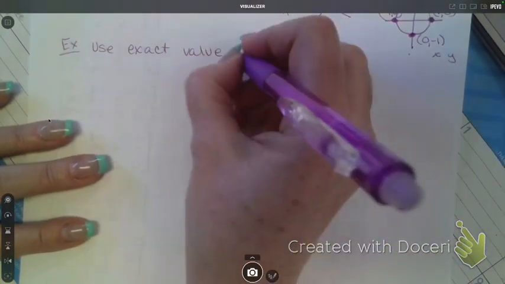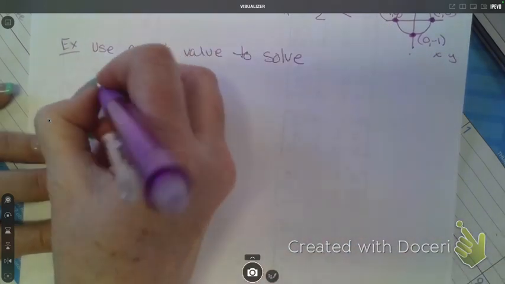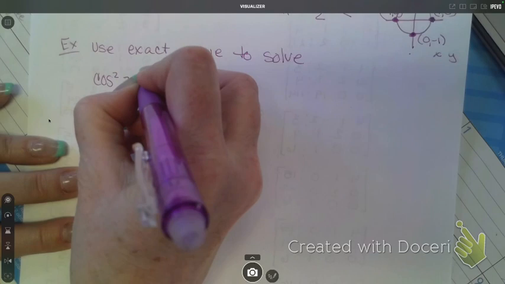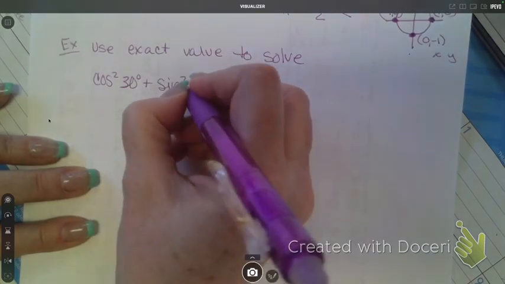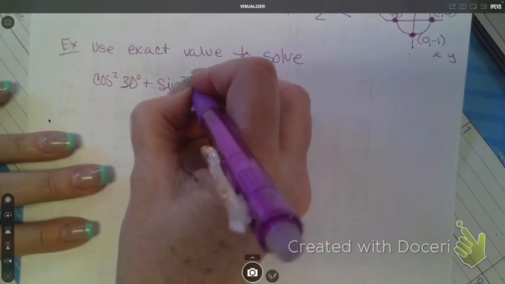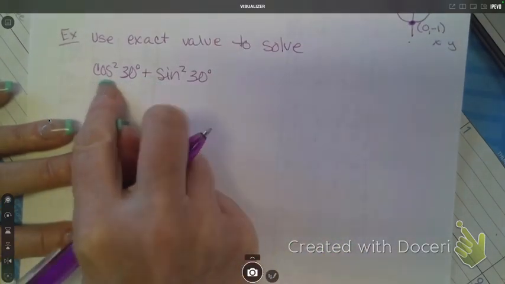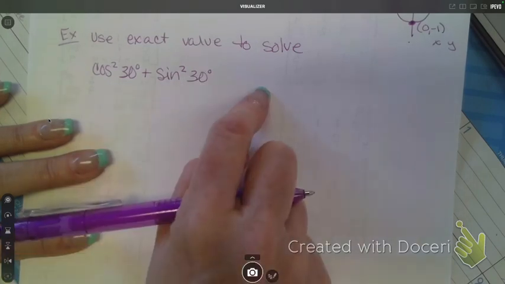To solve, cosine squared of 30 degrees plus sine squared of 30 degrees. So first of all, you know cosine squared plus sine squared better equal what? 1. Okay?